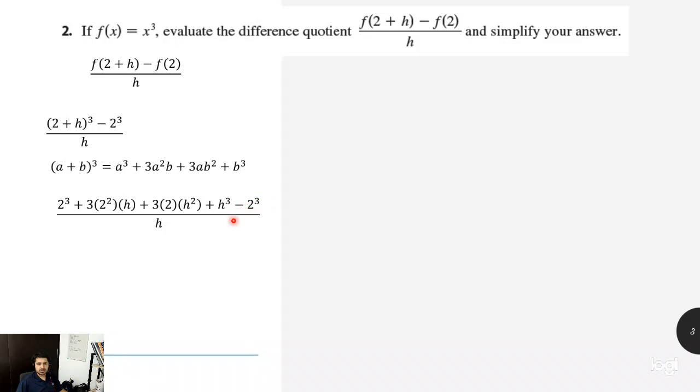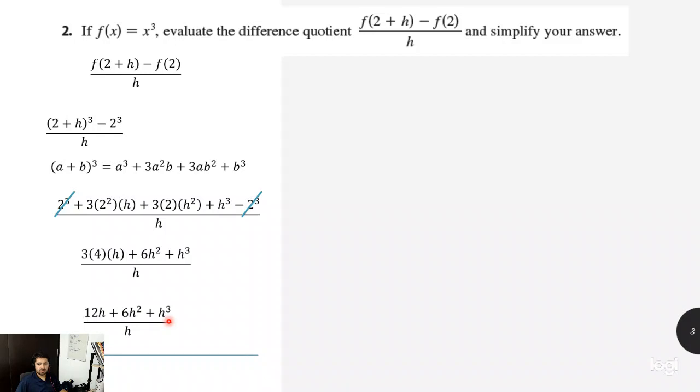As you can see, these two elements are exactly the same, so you cancel them out. Then we operate: 2 squared is 4, and 3 times 4 is 12, then 3 times 2 is 6, and then we have h cubed. So at the end we have 12h plus 6h squared plus h cubed.